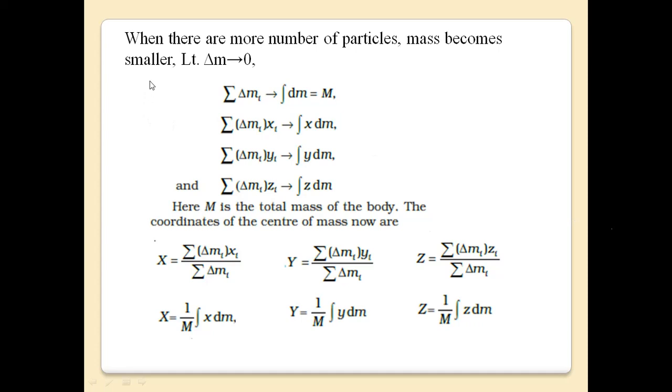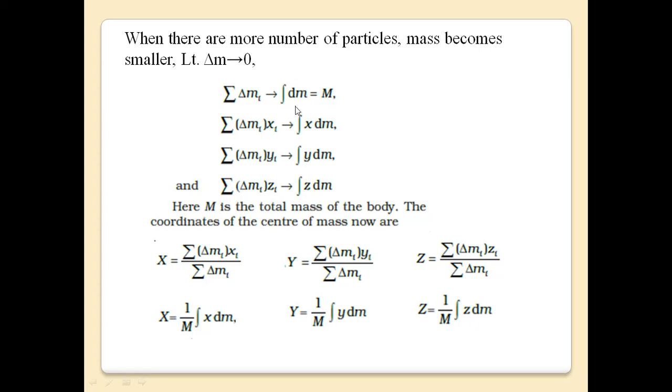Now, suppose we increase the number of particles on the x-axis, then each mass becomes smaller. So we can write the limit delta m tending to 0. Sigma delta mi tends to the integral dm, which is equal to M, the mass of the uniform rod.